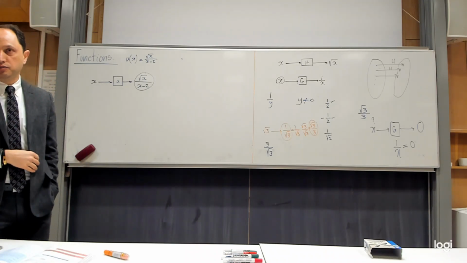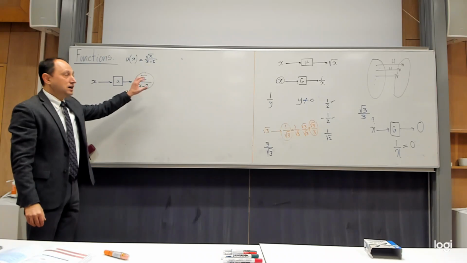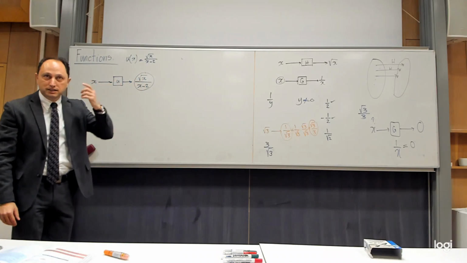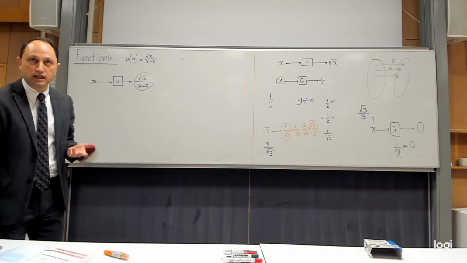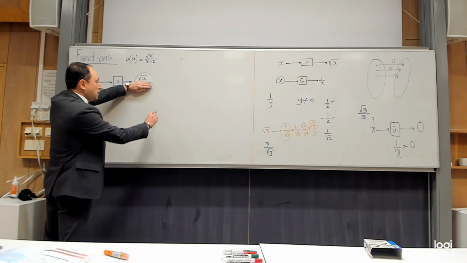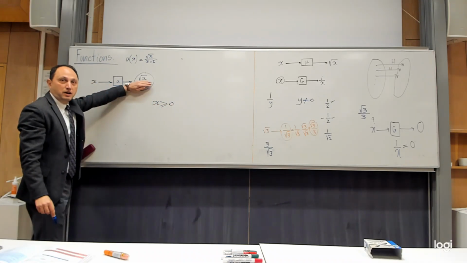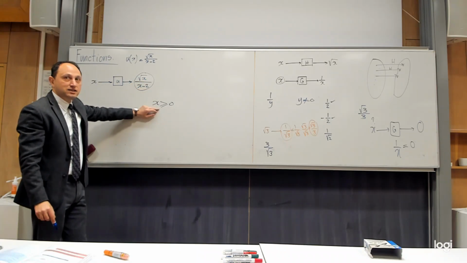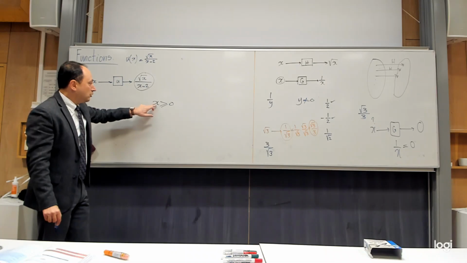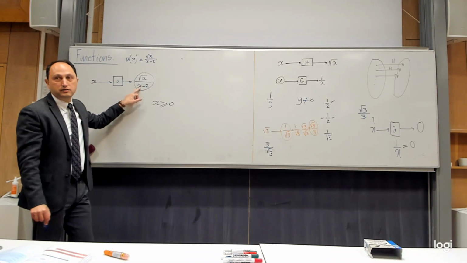Division by 0 is forbidden. But for the whole expression to make sense, I have to care about this operation and that operation simultaneously, not separately. If I only had this in my output, I would say x should be greater than or equal to 0. But if I am careless and say that this is the answer, I will have a mistake because I am allowing 2 for x, but 2 makes the denominator equal to 0.